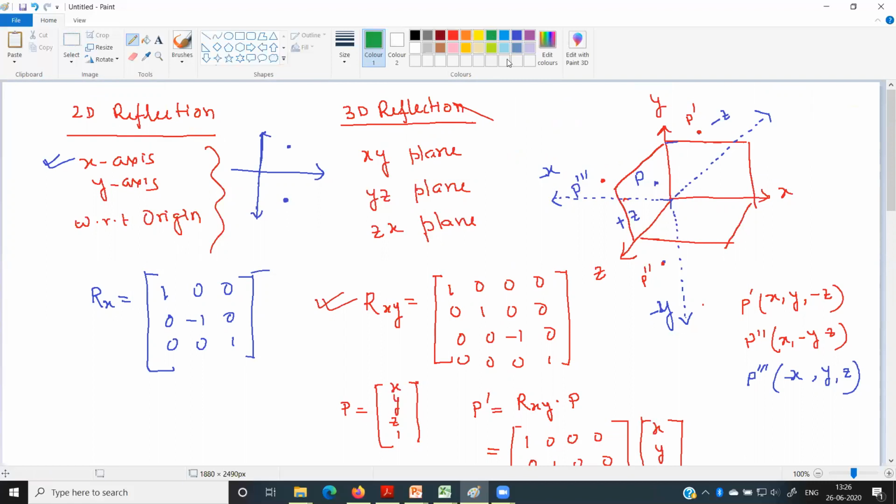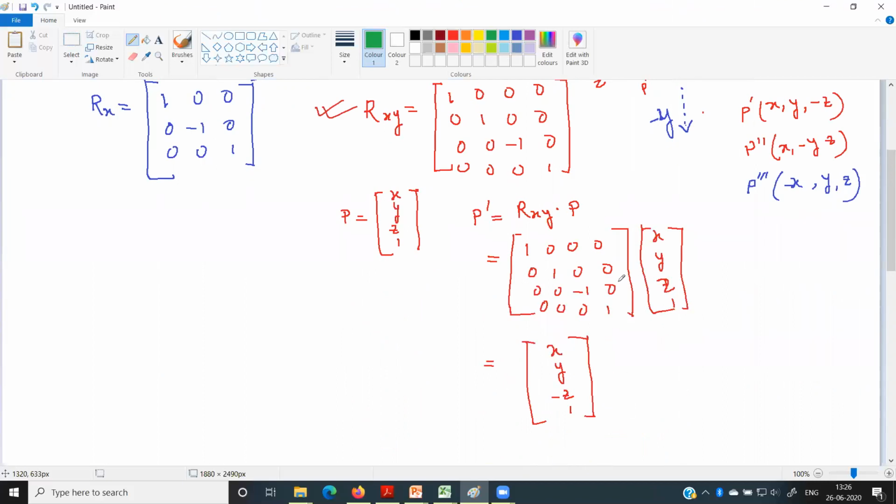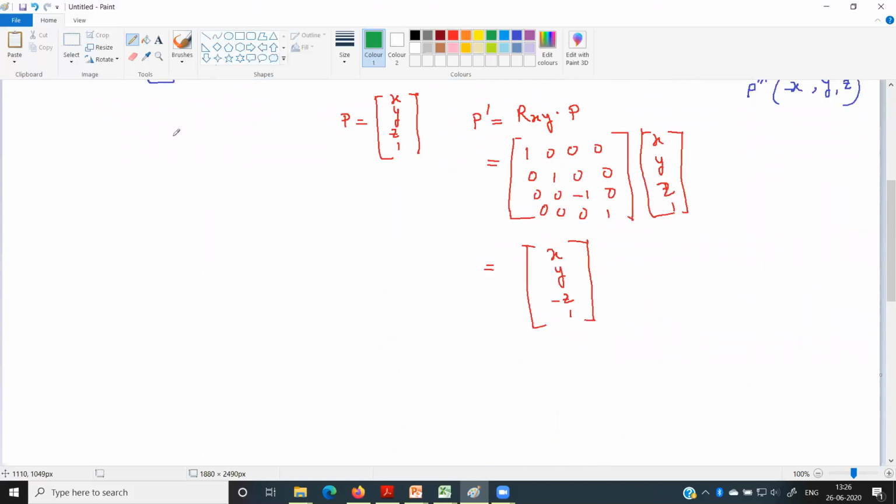Now if we wish to write the reflection matrix for the yz plane, we write it over here, this reflection matrix R for yz plane. So for yz plane, what happened? The y and z values will remain the same, only the x value will be negative.